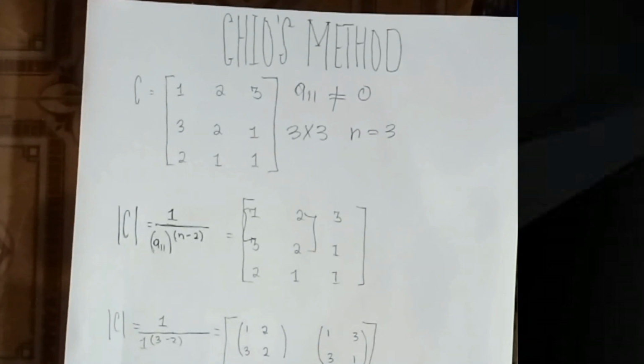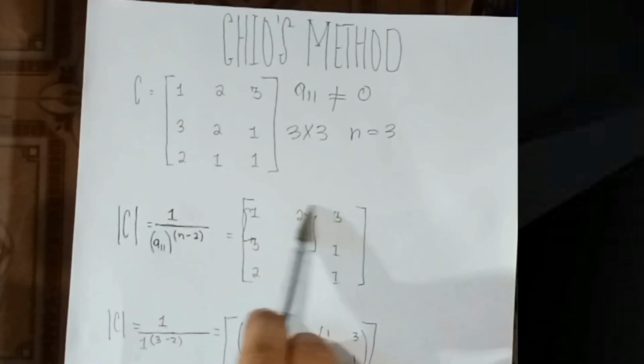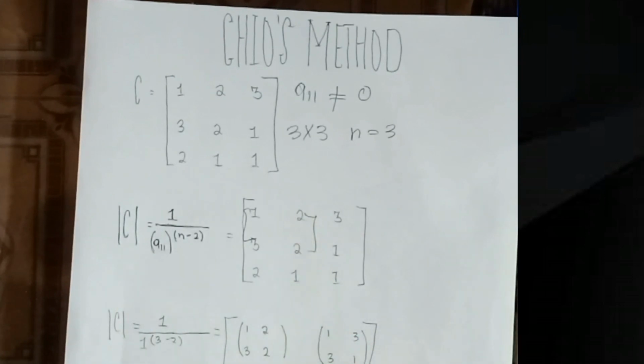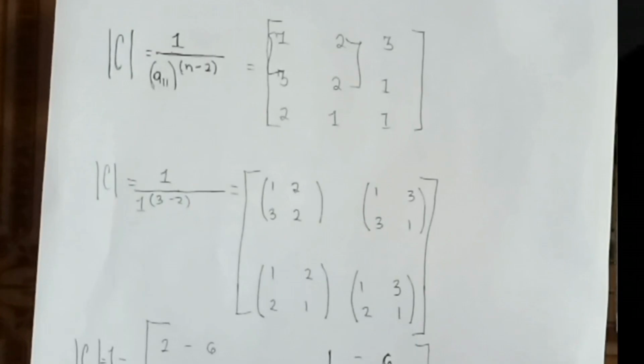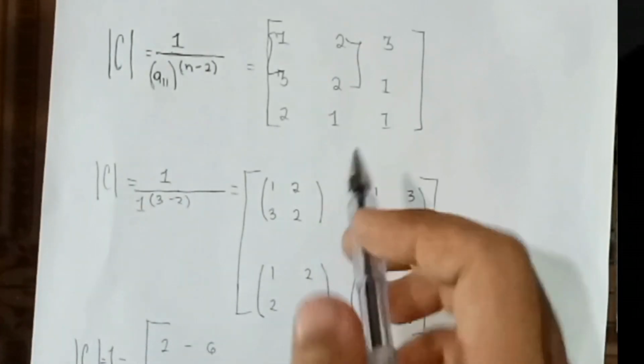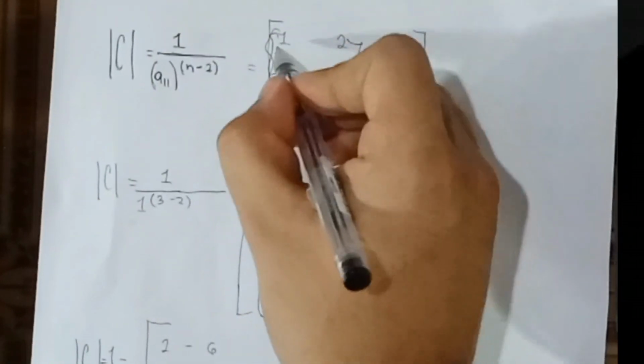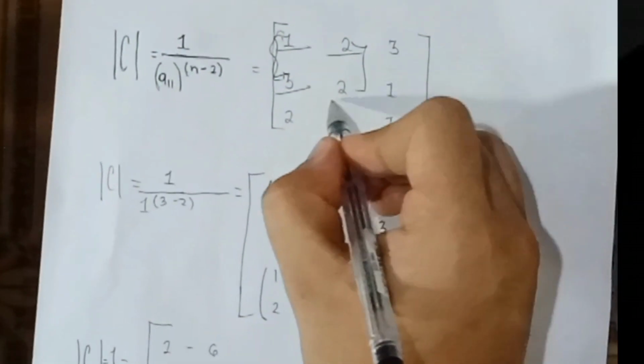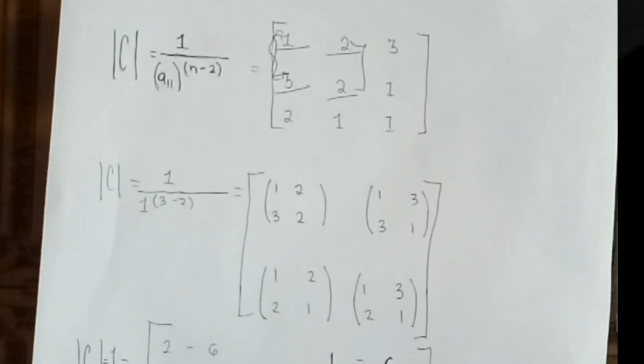Para naman isolve natin tong given natin na to, i-group natin sila. So, first group is the first row and then the second column. Ayan sila. Underline. Then, sa pangalawang group naman, first column, then second column.